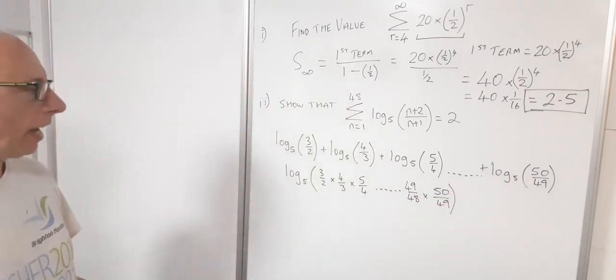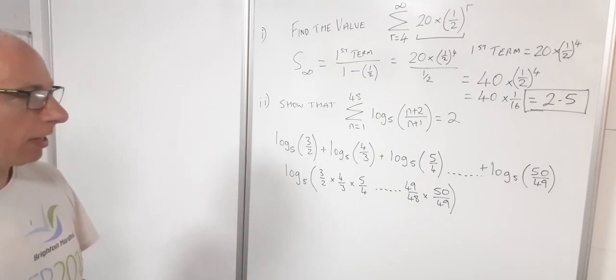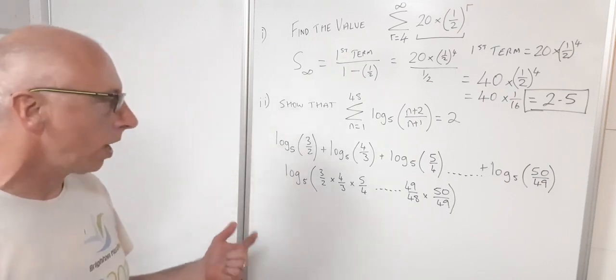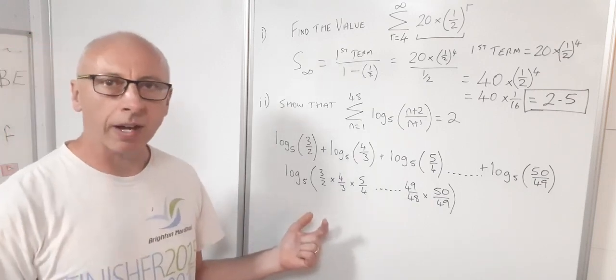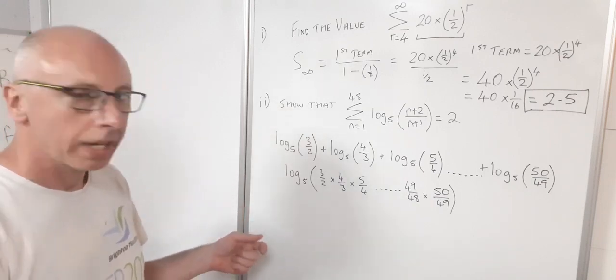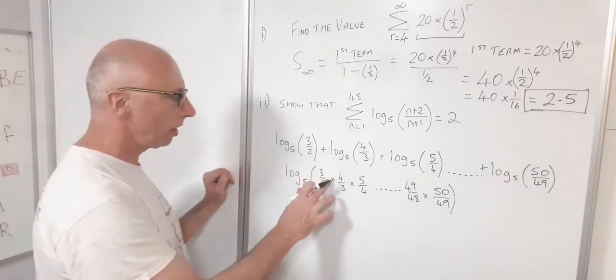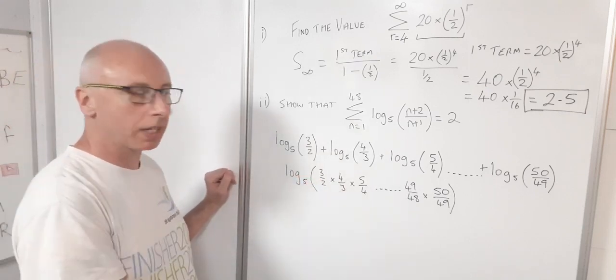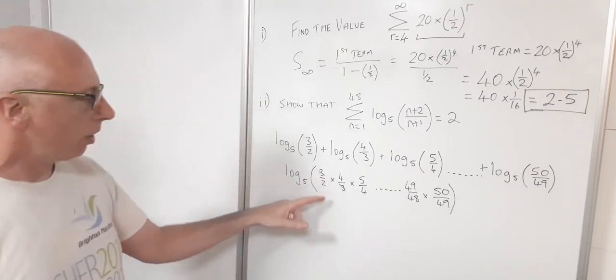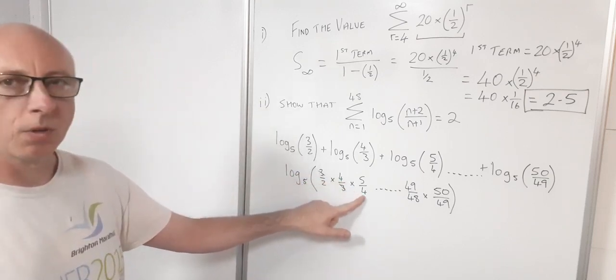Okay, now what's going on here? Now this looks like a telescoping series. So a telescoping series, what happens is we can cancel stuff out, then hopefully we just end up with a first term and a last term. Now I can see here I've got 3 times something and divided by 3. So these 3s can cancel out. Next term I've got a 4 here and a 4 here.